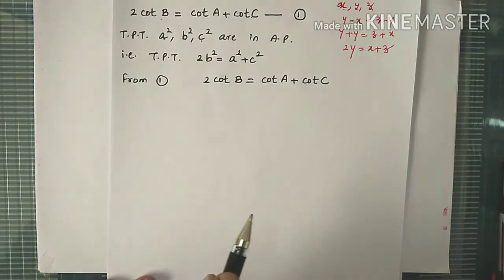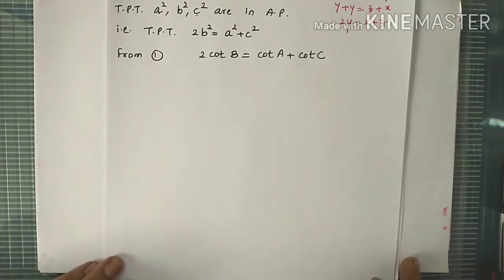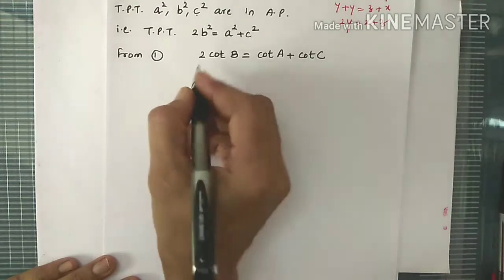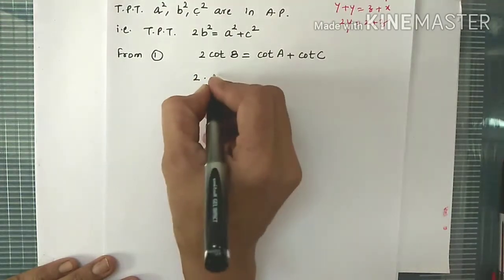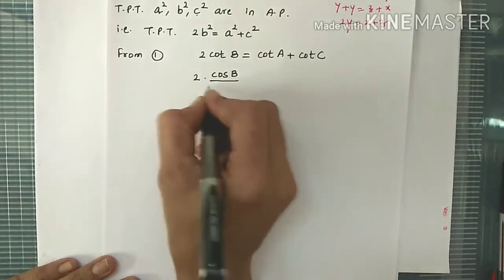But we don't have a formula for cot A, cot B, cot C as such. So let's write these terms as cos A upon sin A, cos B upon sin B and cos C upon sin C.